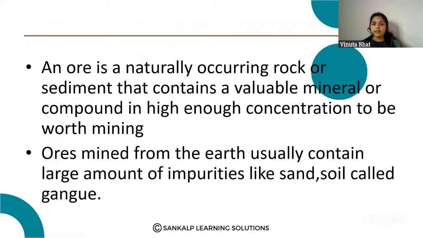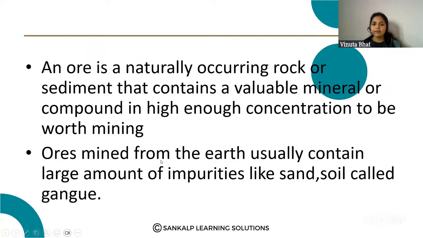An ore is a naturally occurring rock or sediment that contains a valuable mineral or compound in high enough concentration to be worth mining. So that is extracted by mining, that is called an ore.